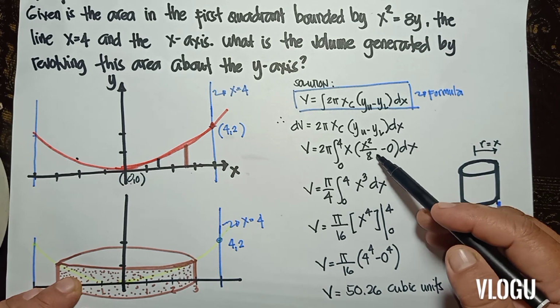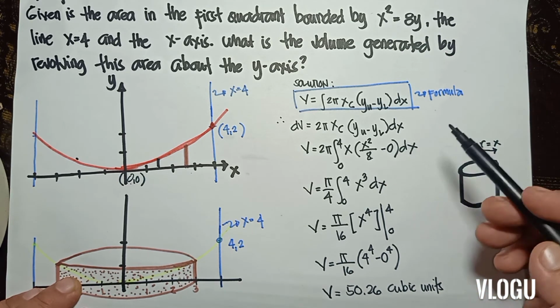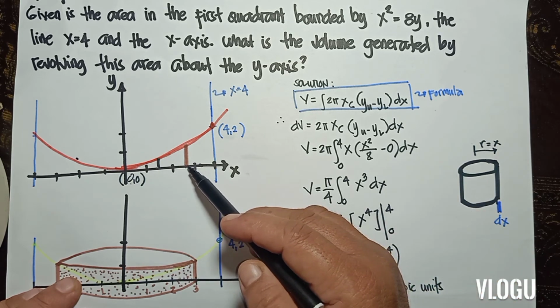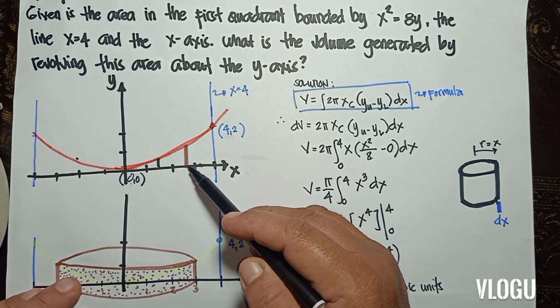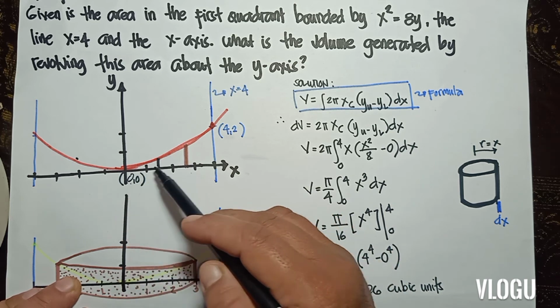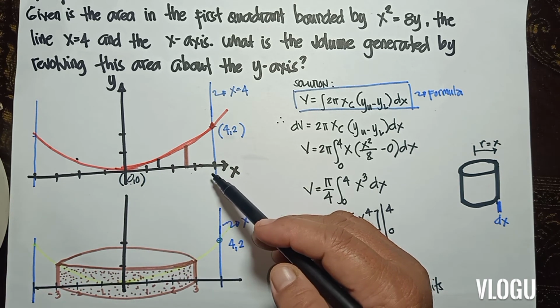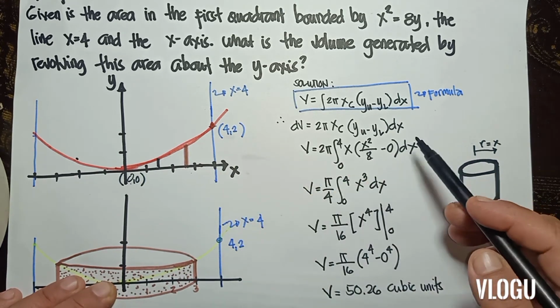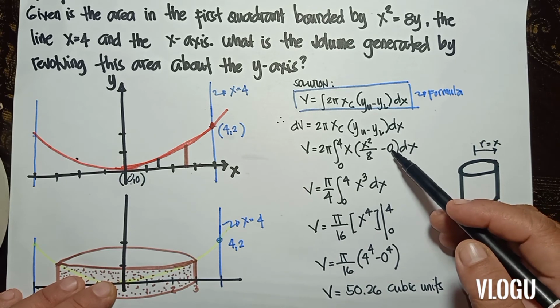Okay. Y down, what is the equivalent of the equation here? The lower part of your vertical strip touches y equal to 0, because that is at the origin part. So you will have 0 here.